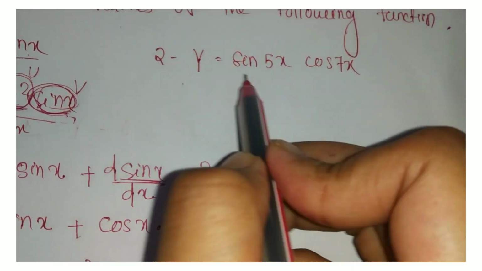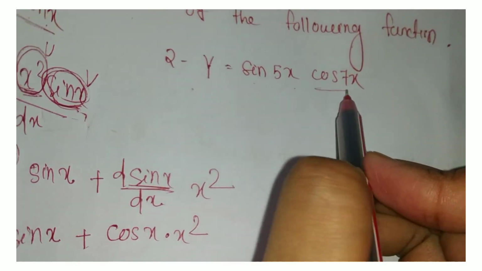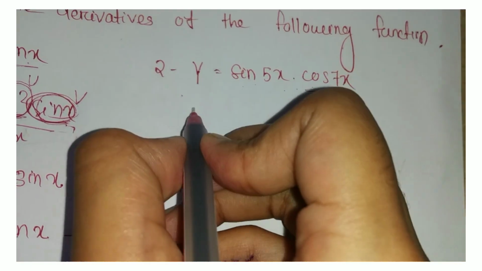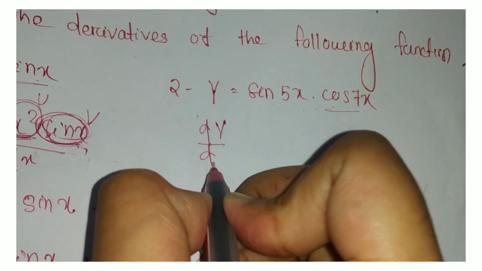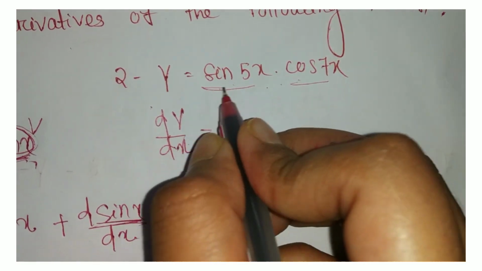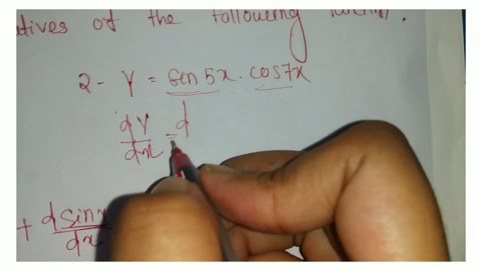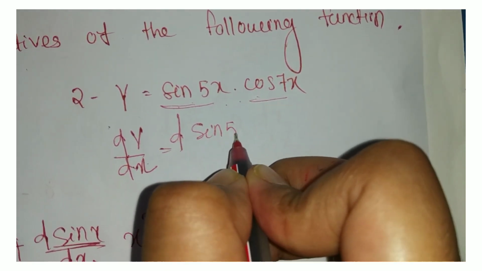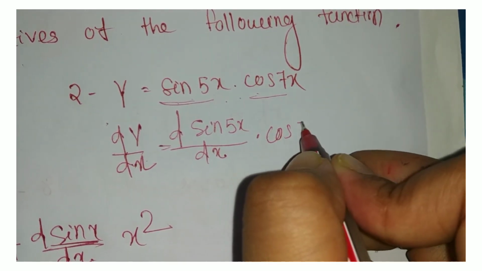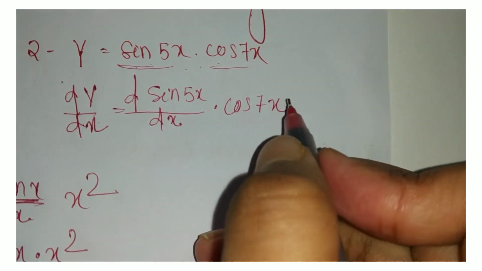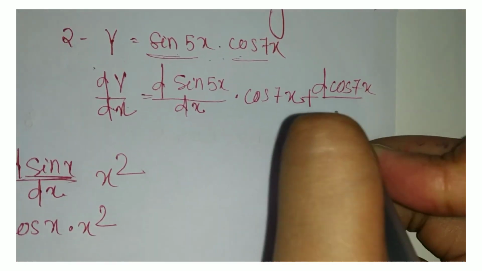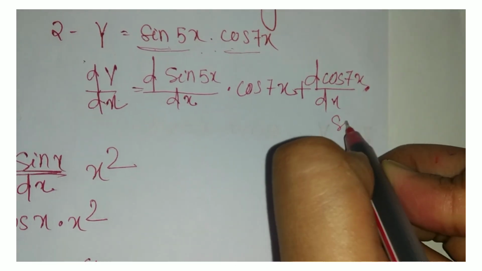Next question: y is equal to sin 5x into cos 7x. dy by dx is equal to the derivative of the first function into the second function plus the derivative of the second function into the first function, that is sin 5x.